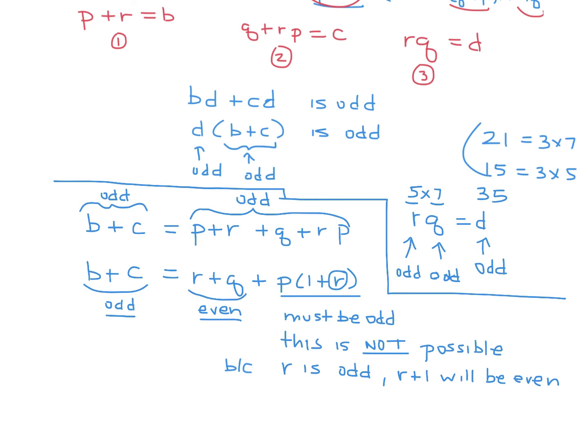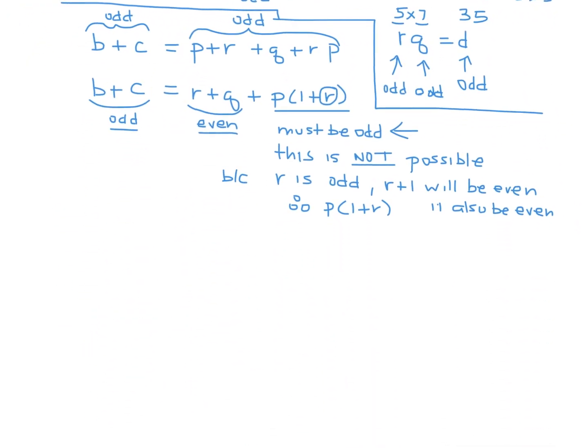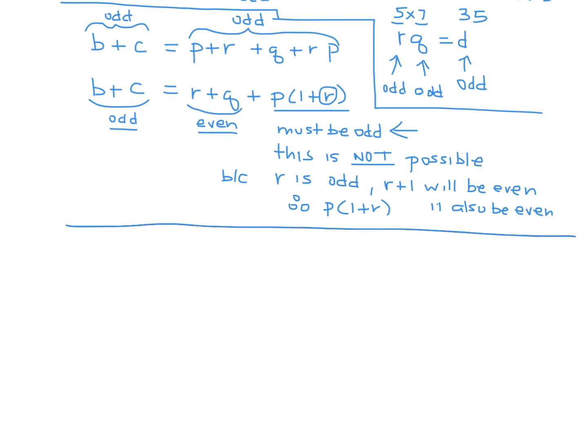And if R plus 1 is even, then R plus 1 times P, regardless of what P is, will also be even. So therefore, P times 1 plus R will also be even. So therefore, it cannot be odd. So that means that there's no way for this to all work. Everything that we did here falls apart. And hopefully you see why. And that's really all this question was, sort of playing around with odd and even numbers.